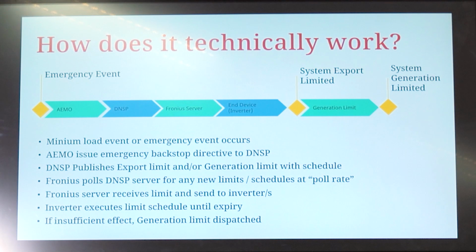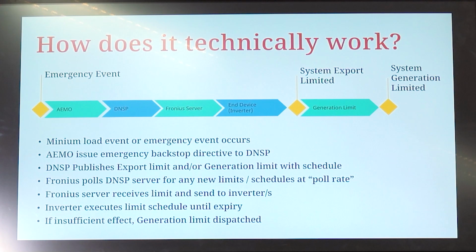Okay, so how does this technically work? This is where it gets a bit complicated. I'll try and make it as easy to explain as possible. So basically, start off, as you can see here, an emergency event is detected, or let's say minimum demand detected from AEMO. AEMO gives that directive to the DNSPs.